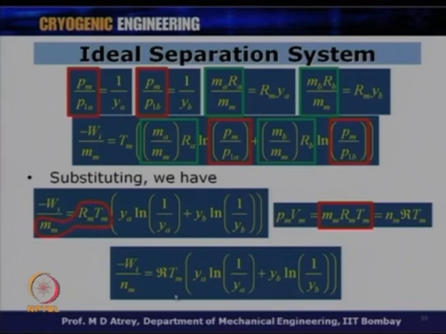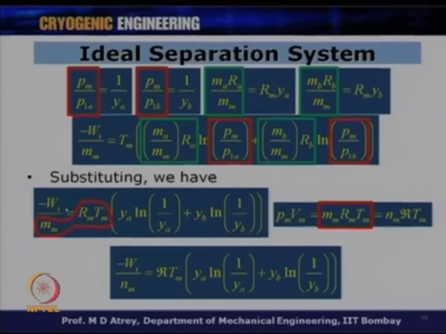Please understand the relationship between the universal gas constant and the specific gas constant, because this is the work of separation per gram of mixture, per mass basically, and this is a molar expression. So you have a mass expression and a molar expression also. As soon as the molar expression comes here, the universal gas constant comes. As soon as the mass comes over here, the specific gas constant comes over here.